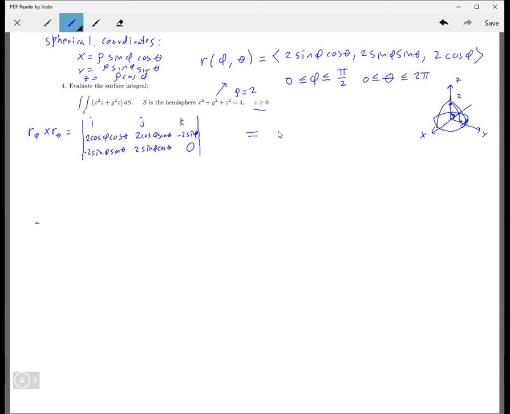It's going to be 4 sine phi. That's what it turned out to be. Everything just canceled all the way down to that.